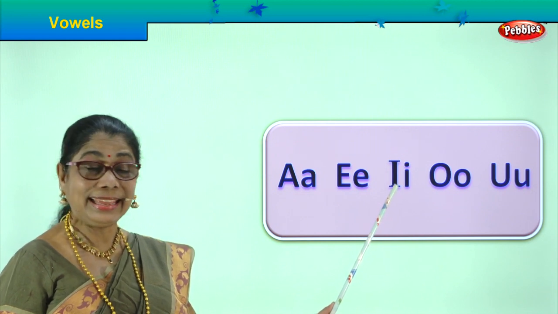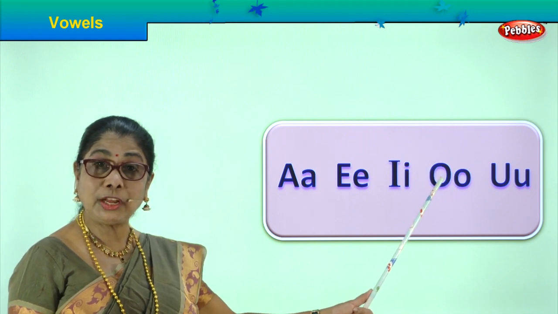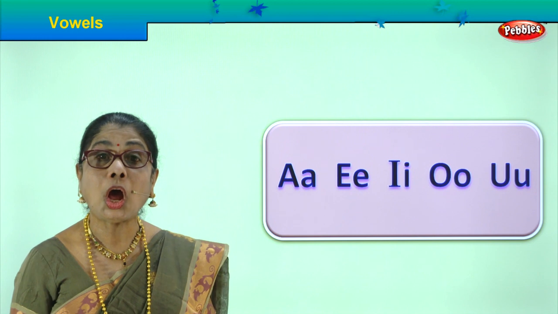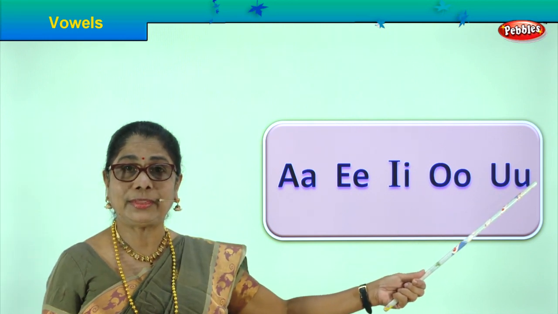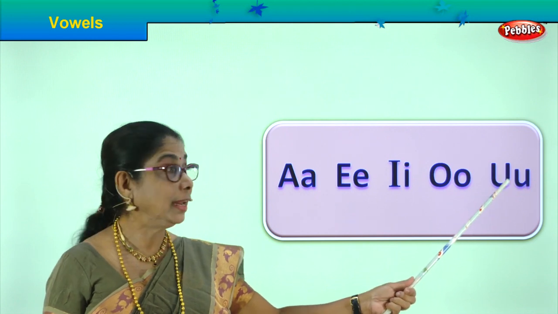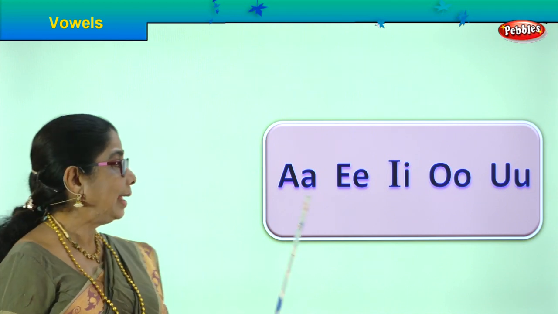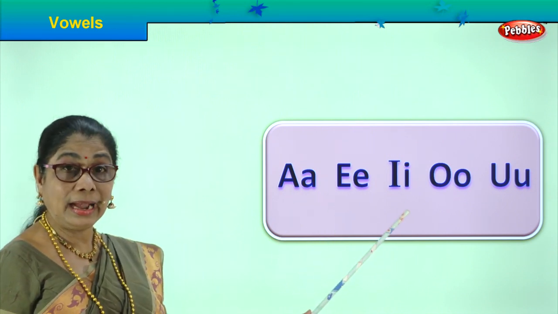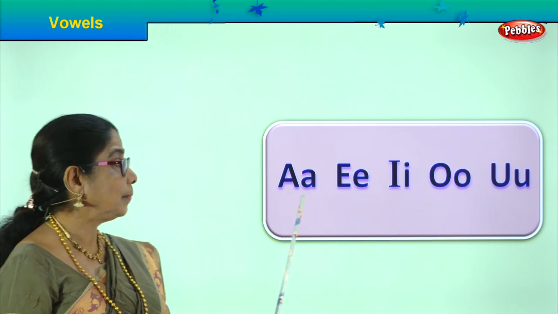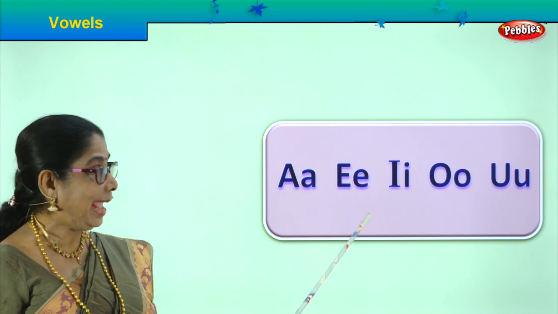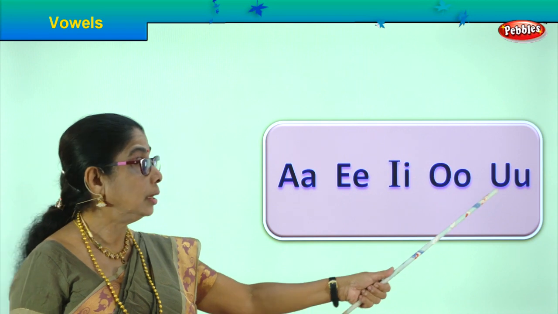And this is O, capital letter O, small letter O, and the sound is O. Good. And the last one, the fifth, the last vowel is capital letter U, small letter U. What's the sound? A, E, I, O, U. The 5 vowels.